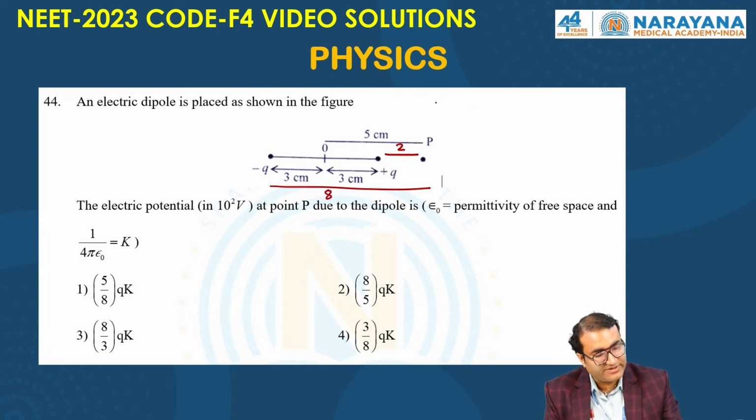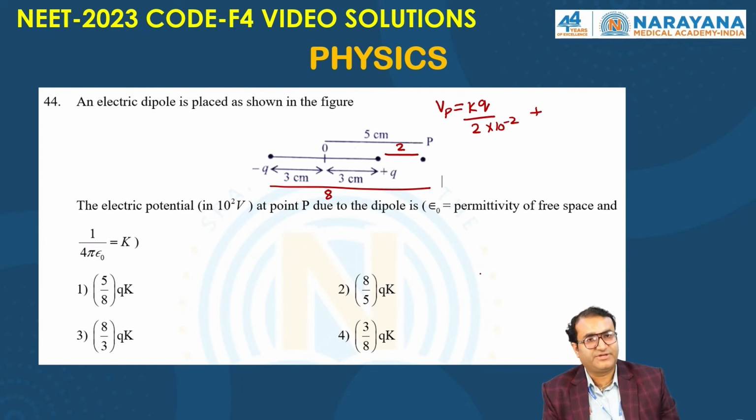So potential at point P, due to charge Q, it is kQ by 2 into 10 power minus 2, because centimeter you have to convert into meter. And due to minus Q, it is k into minus Q by 8 into 10 power minus 2.